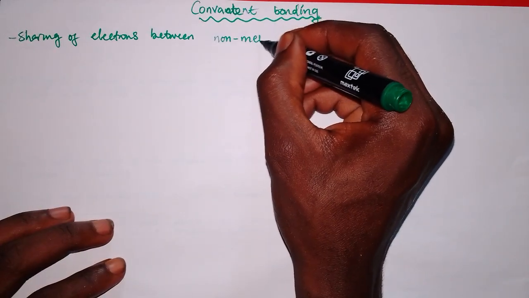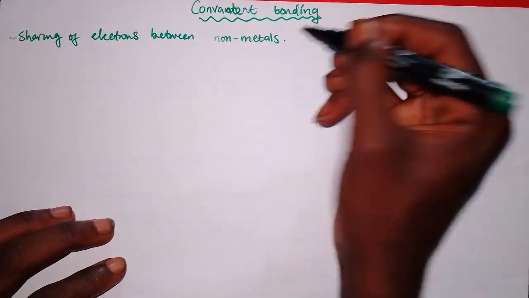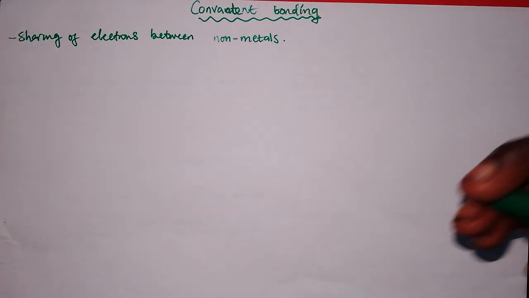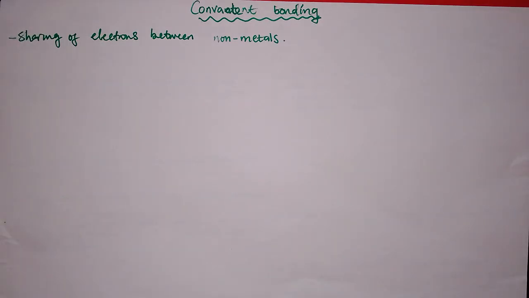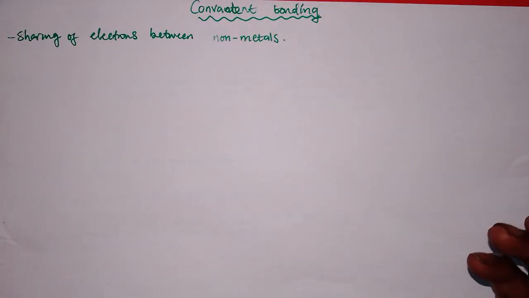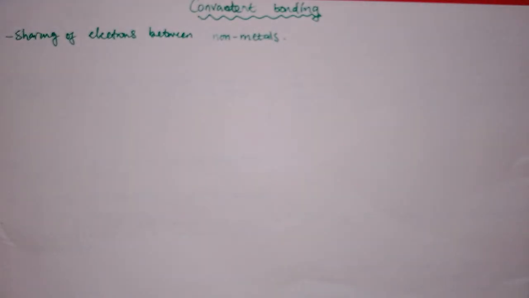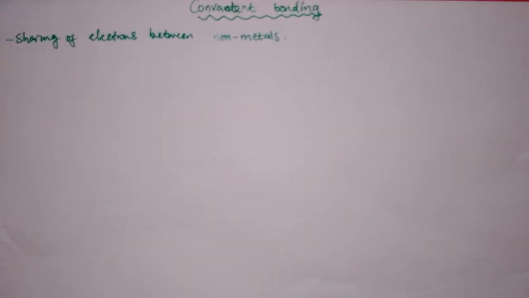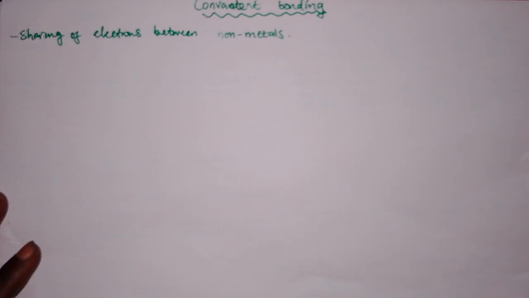When we're talking about covalent bonding, this is the type of bonding where non-metals share electrons. They do not donate, but each one shares, so each one contributes to the bond. But in ionic bonding, only metals are the ones which contribute by donating the electrons.